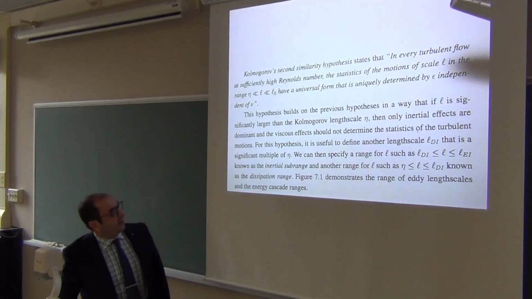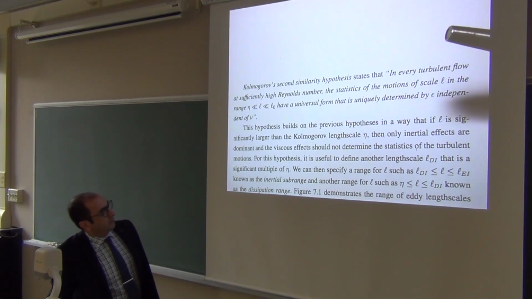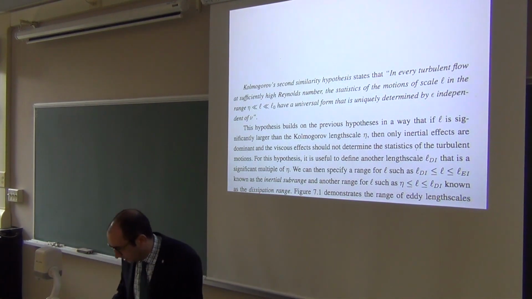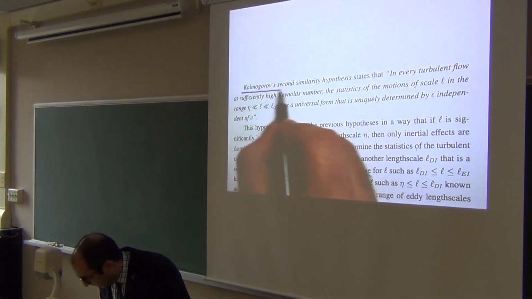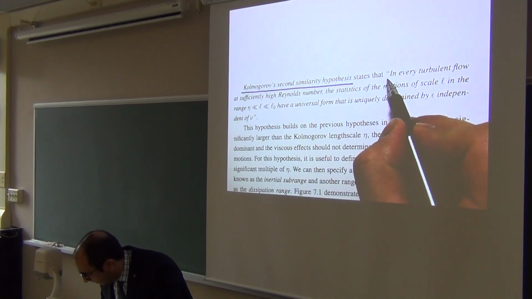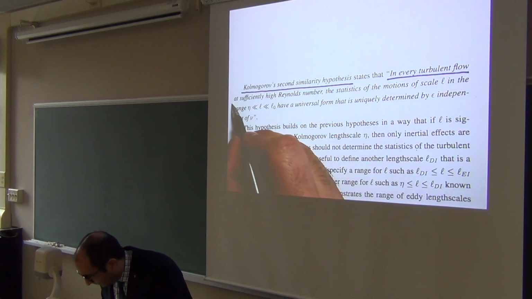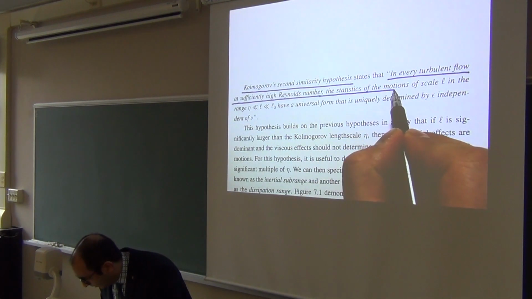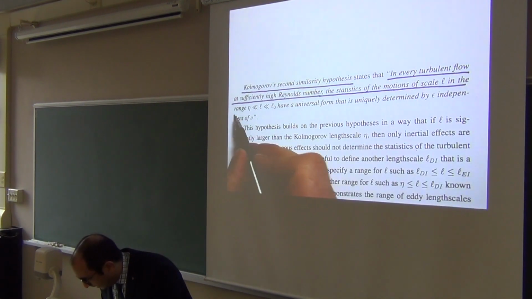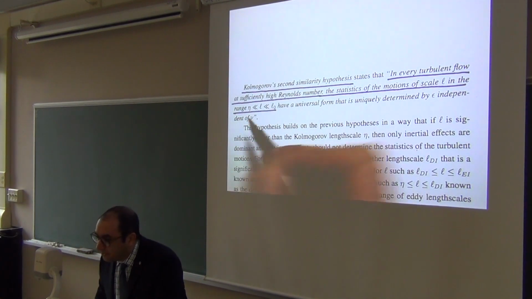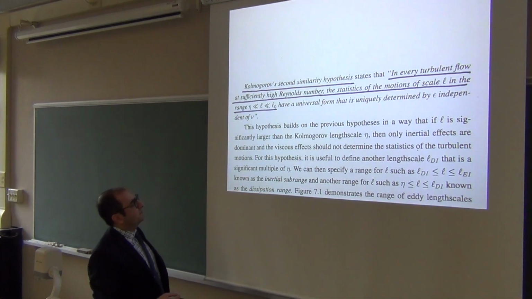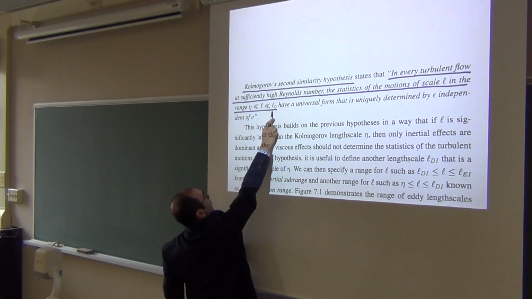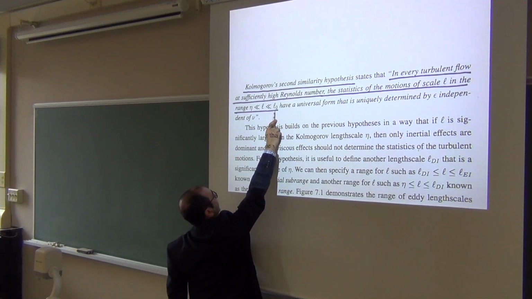Let me tell you the second similarity hypothesis that Kolmogorov proposed, and then I will tell you the rest of the story on that picture. The Kolmogorov second similarity hypothesis says that in every turbulent flow at sufficiently high Reynolds number, the statistics of the motions of scale L in another range that's not very close to Kolmogorov, in fact that's far away from Kolmogorov, bigger than the Kolmogorov length scale, and really far away from the energy containing length scale.